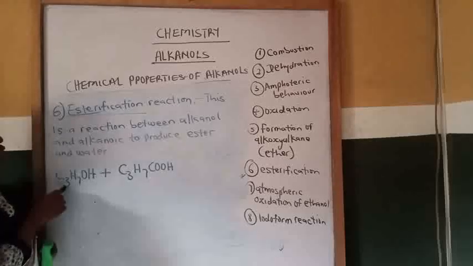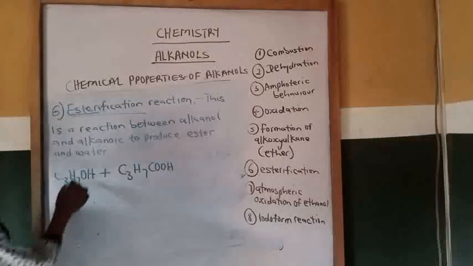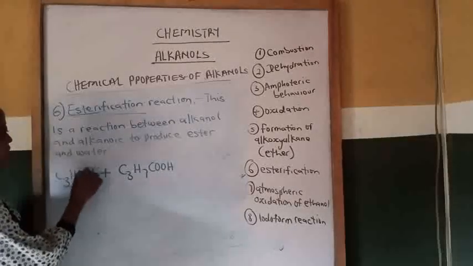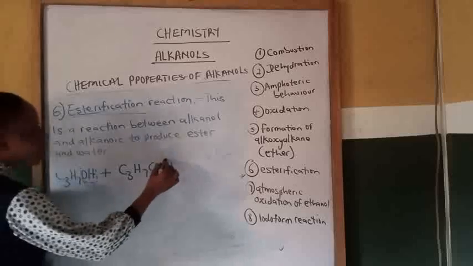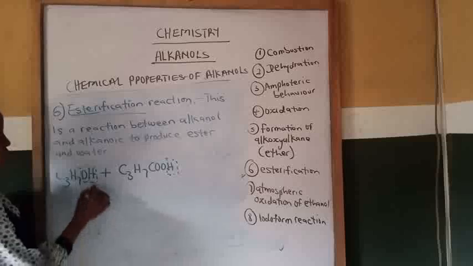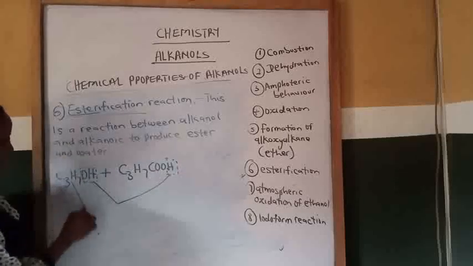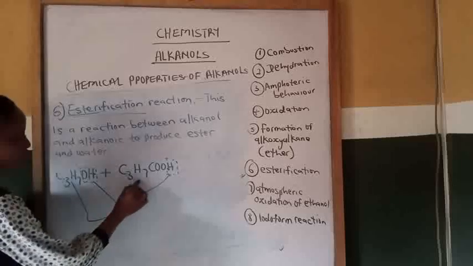An alkanol with 3 carbon atoms is propanol. So we eliminate water here. We eliminate hydrogen here. So hydrogen and hydroxy group combine. Then C3H7, which is an alkyl group, we combine with C3H7COO.